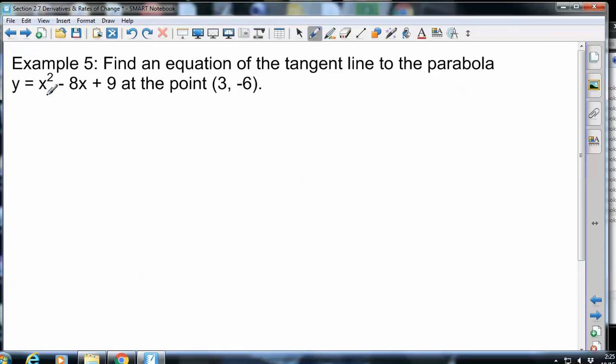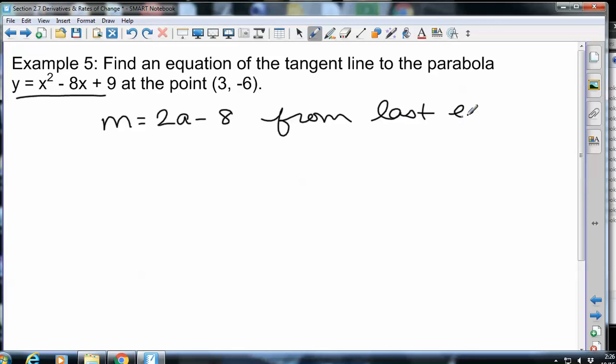So using that, find the equation of the tangent line to this parabola at the point (3, negative 6). So this was the problem that we just did. And we found out our equation for the slope was 2a minus 8, correct?